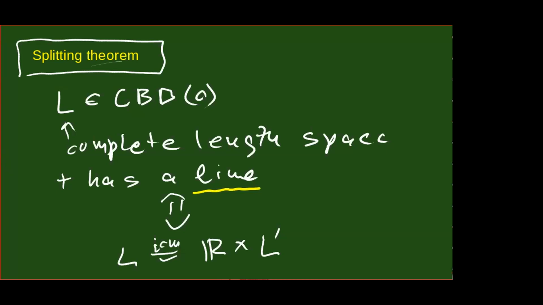Okay, so how does the proof go? First of all, I assume that gamma is my both sides infinite geodesic, and for any geodesic ray I can consider the Busemann function.